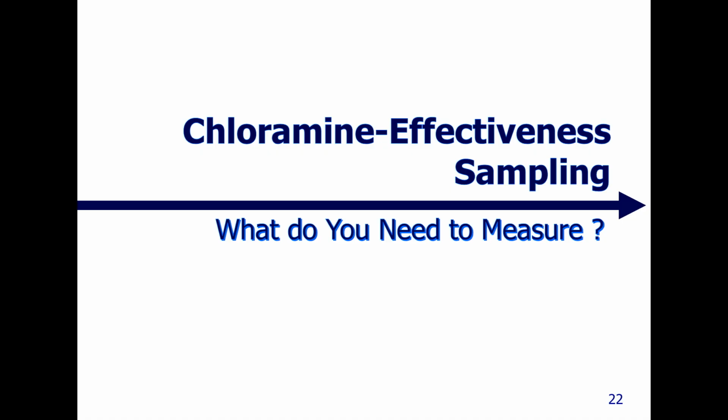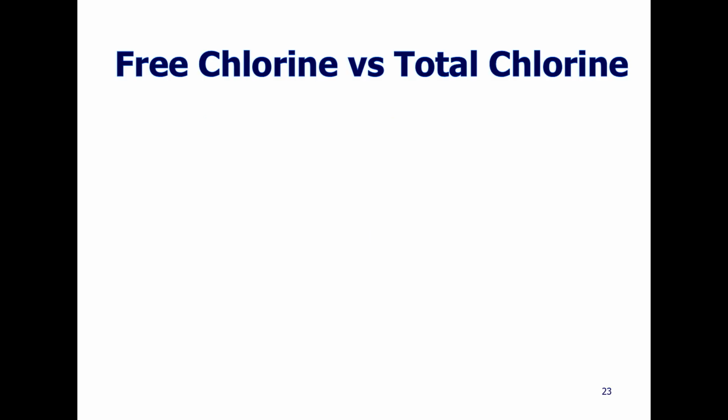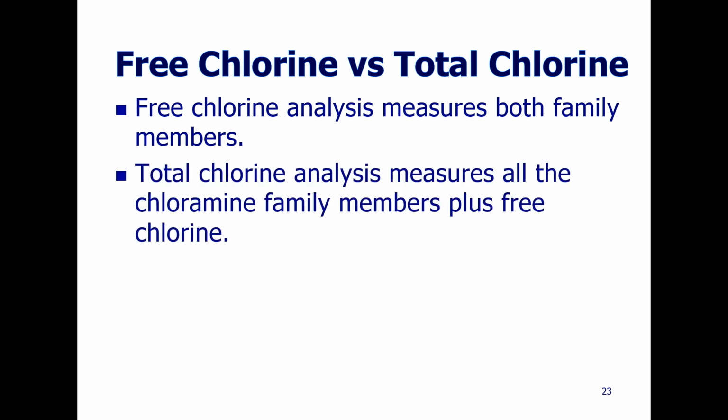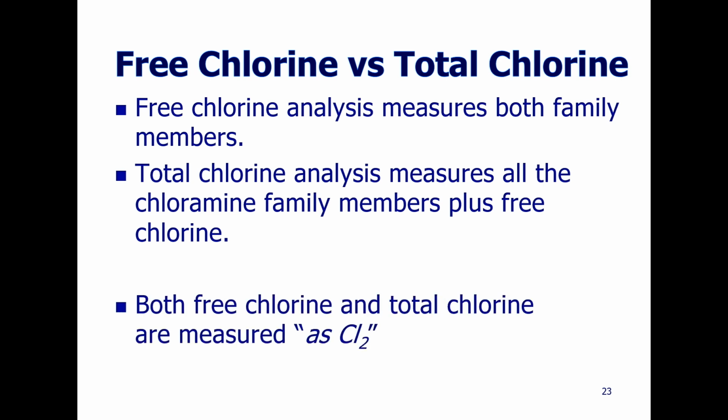So what do you need to measure? Let's talk about chloramine effectiveness sampling. So free chlorine versus total chlorine. First of all, we said that free chlorine analysis measures both family members, right? So we're looking at hypochlorous acid and hypochlorite ion as chlorine when we do that. Total chlorine analysis measures the sum of all the mono, the di, and the trichloramines.